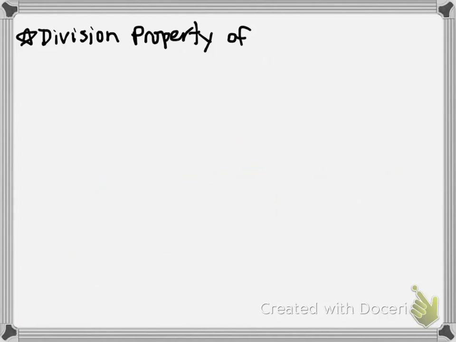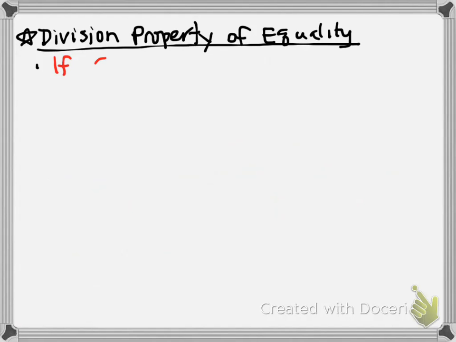Okay, good. So now we're up to division property of equality. And this one says if A equals B, so I have some sort of equation.